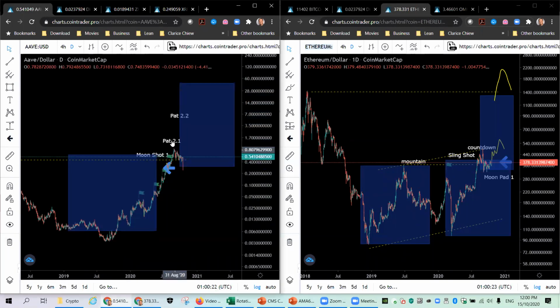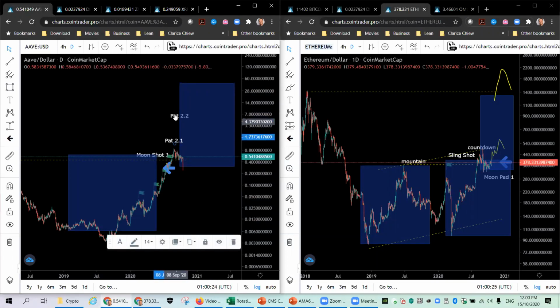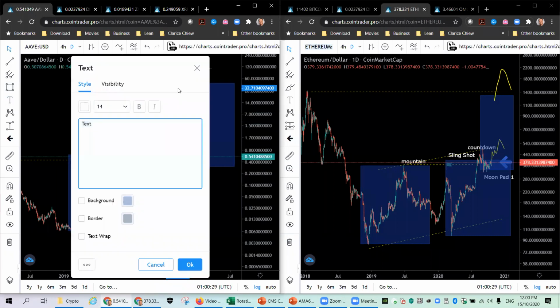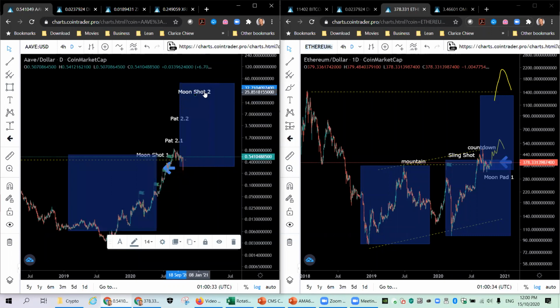Pad 2.1 will be here, and then 2.2 will be there, and then the moonshot. So moonshot 2 would be up there. Does it make sense? It should be something like that.